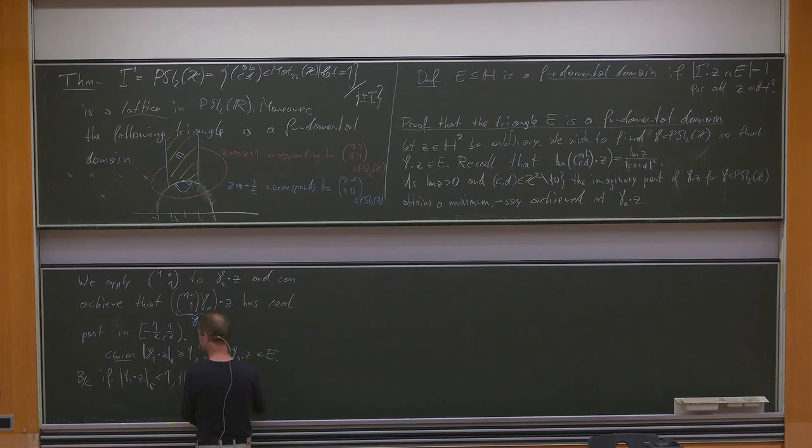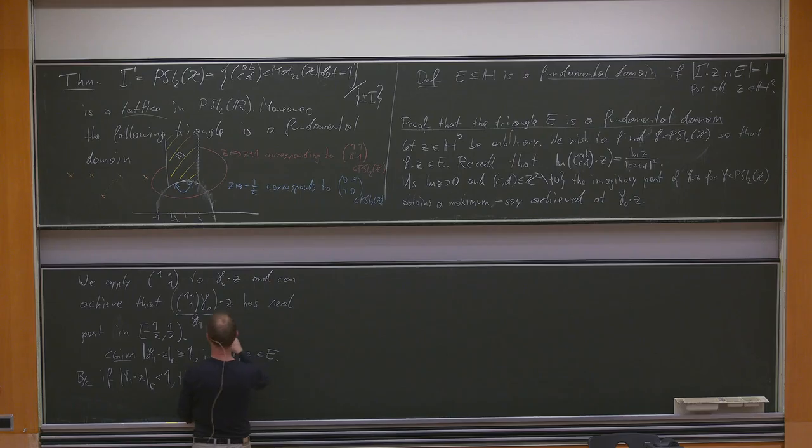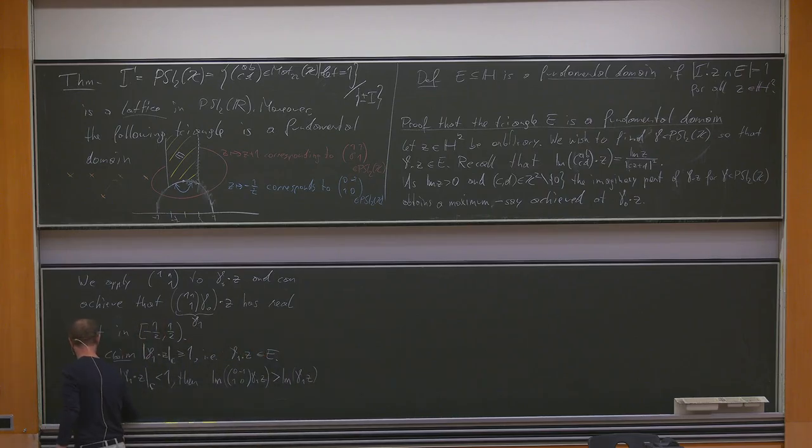Then the imaginary part of, I apply the other guy, the blue guy here, after the gamma 1, 0 minus 1, 1, 0, gamma 1 Z, this imaginary part will be bigger than the imaginary part of gamma 1 Z, contradicting our choice of gamma 0.